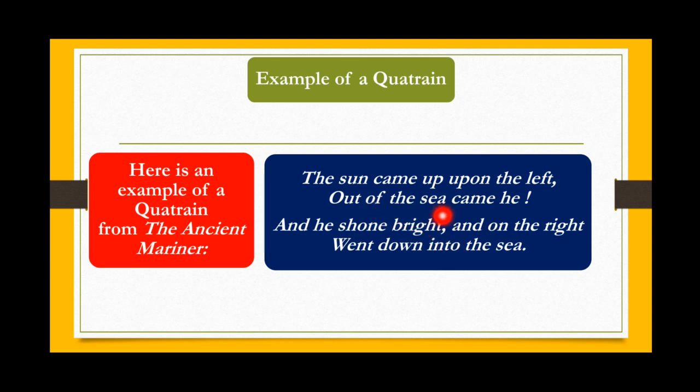So the first line would be called iambic tetrameter, the second iambic trimeter, the third iambic tetrameter, and the fourth iambic trimeter. So this stanza is written in 2 different meters. One is tetrameter and one is trimeter, while the metrical foot is the same, that is iambic.